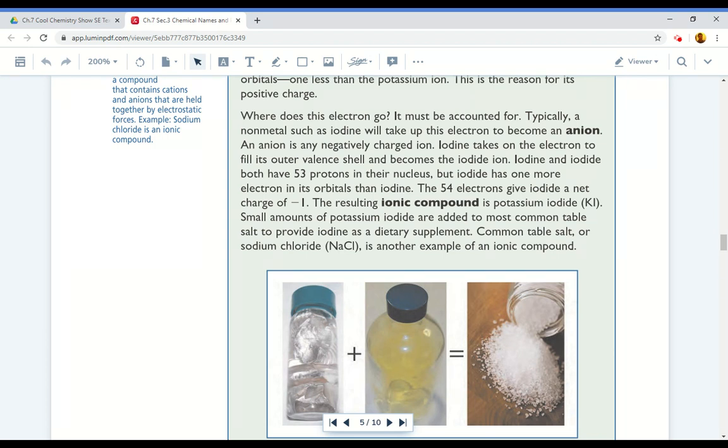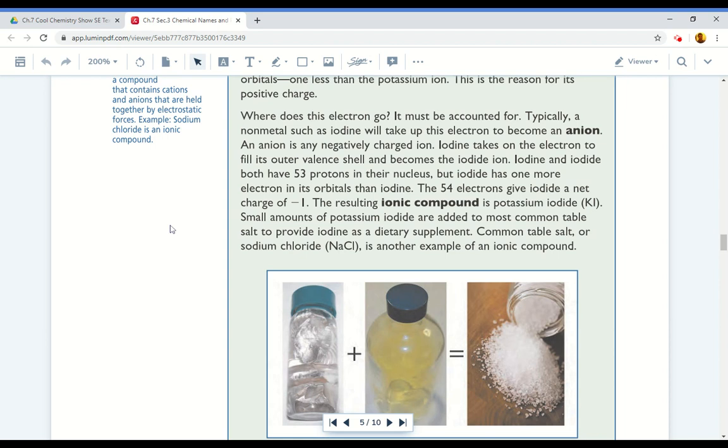Iodine and iodide both have 53 protons in their nucleus, but iodide has one more electron in its orbitals than iodine. The 54 electrons give iodide a net charge of -1. The resulting ionic compound is potassium iodide, right here.